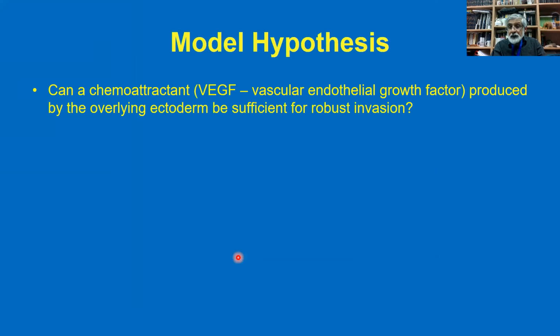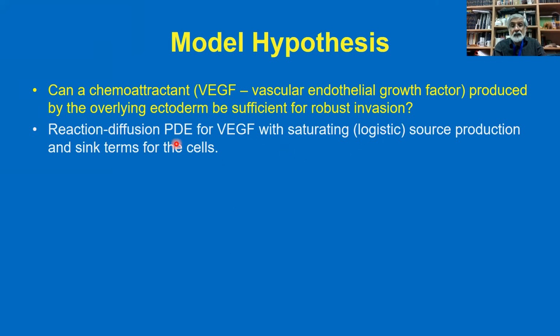And the prevailing model hypothesis was that there was a chemoattractant, VEGF, produced by the overlying ectoderm, and could that be sufficient for robust invasion? So what we did was write down a reaction diffusion PDE for VEGF, and I'll mention that a bit later.